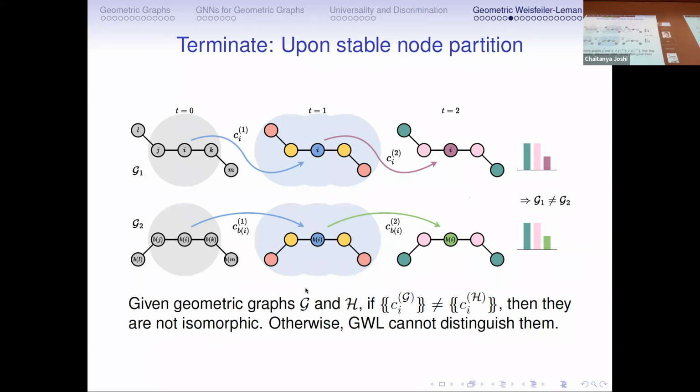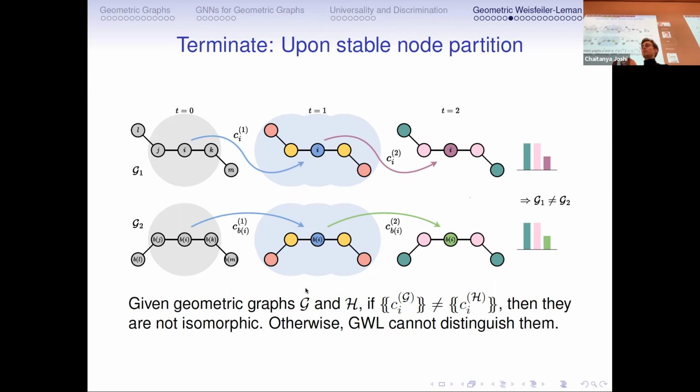And you proceed in the same way by looking now, I've got a blue node and red node oriented in this way with the neighbors attached, and you get the following coloring here. And you'll see that after these 2 steps, the color of the central node is actually a different one in these 2 examples. And this is how essentially GWL can tell these 2 graphs apart.